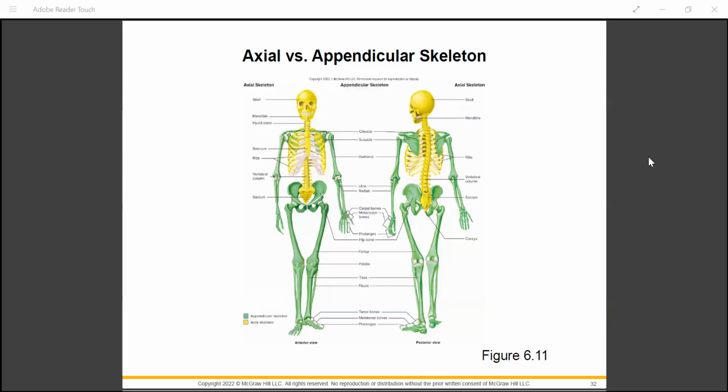For the most part, don't spend a large majority of your time trying to memorize your skeleton. Certainly, for those of you pursuing something in the allied health field, if you're going to be taking A&P1 and A&P2, knowing the bones is definitely something you're going to be required to do. So this is a good time to start getting familiar with them.